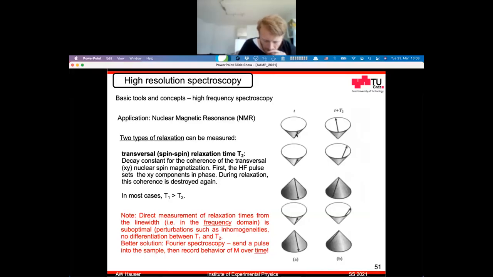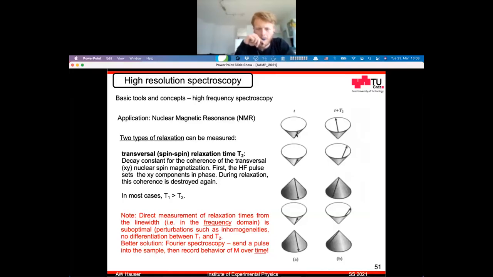So you have prepared it in a state where you have a clear non-equilibrium distribution in the XY plane because of this flipping. But this will also be lost over time because of some other process, this so-called transversal relaxation time.